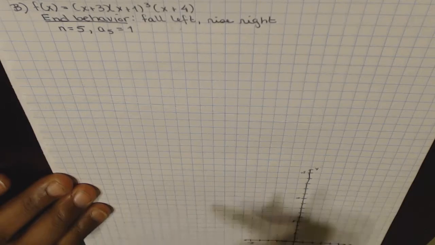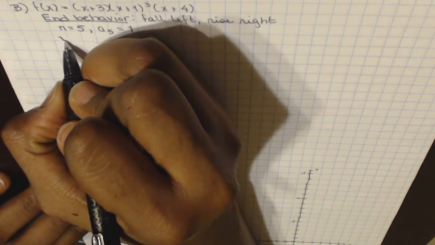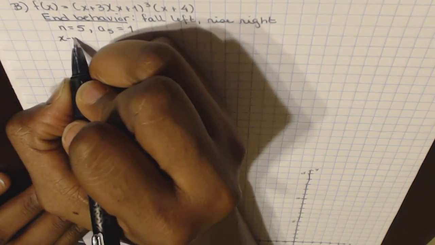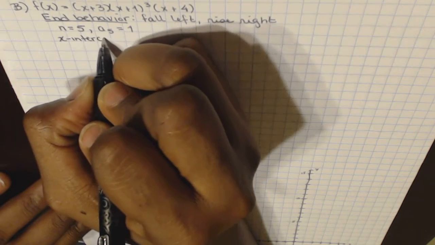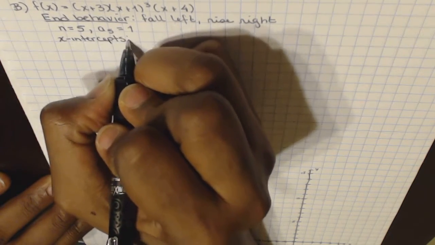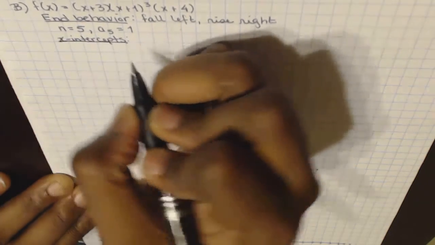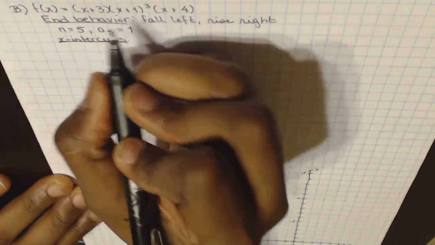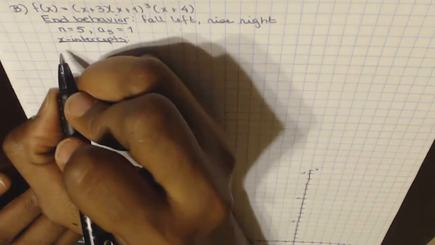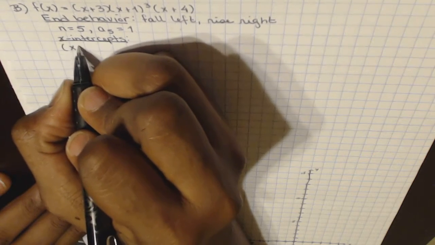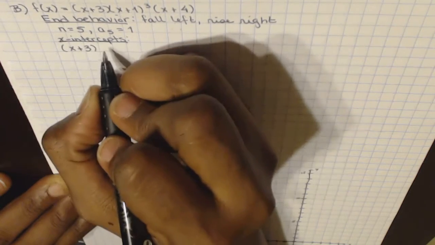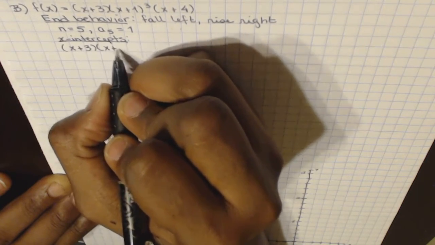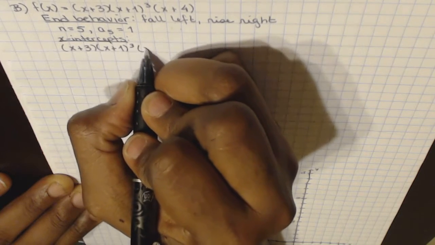Second thing I need to find is my x-intercepts and their multiplicities. The multiplicity will tell me what's happening at that particular point. Since my expression is already factored, I just have to set each factor equal to 0.